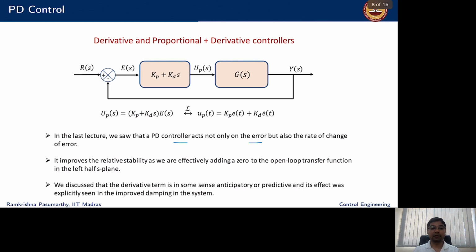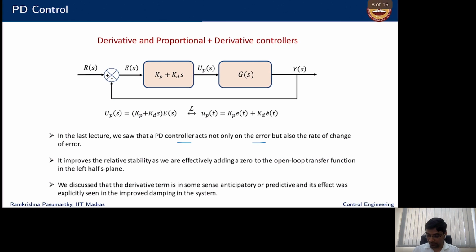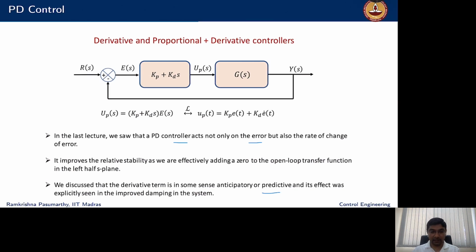We also discussed that because of the derivative of the error, this controller is anticipatory and also predictive. This effect was explicitly seen in improved damping of the system, where we had a system of the form 1 over (J s squared plus k), and the derivative control added some damping term to the closed loop.